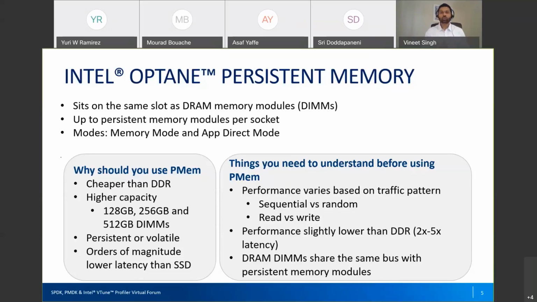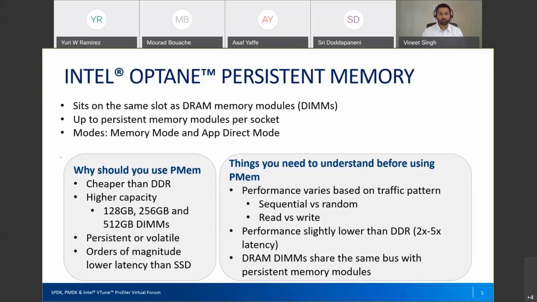Now, in order to use this technology, there are a few things that you need to be aware of. The first and foremost thing is that the performance of PMEM varies with the traffic pattern that it's observing. Whatever software you are running, whatever the memory access traffic pattern is being generated, that will affect the performance you are getting out of PMEM.